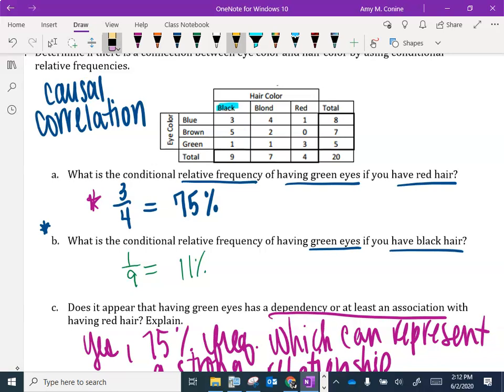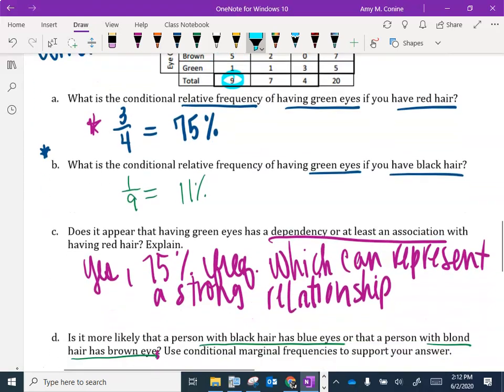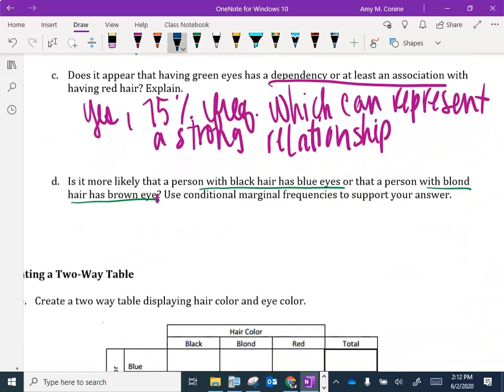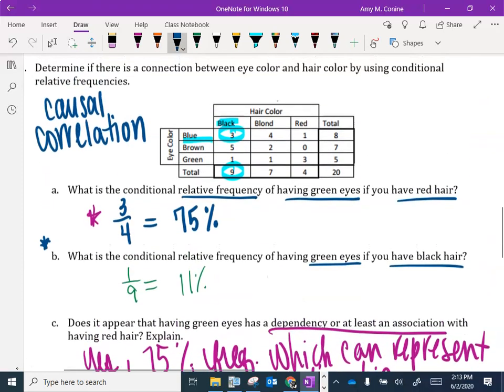Black with blue eyes is 3 out of 9 because that's the marginal. We're using our margins, so 3 out of 9. When we do the calculation, that should give us about 33%. Then we're going to do the same thing with blonde hair and brown eyes.